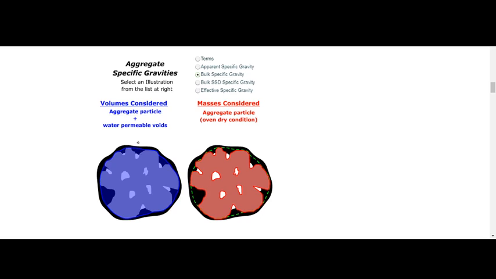This particular definition is only valid when we are using the specific gravity for aggregate. But if we are using the bulk specific gravity for the bituminous mixture, then this mass will be changed.